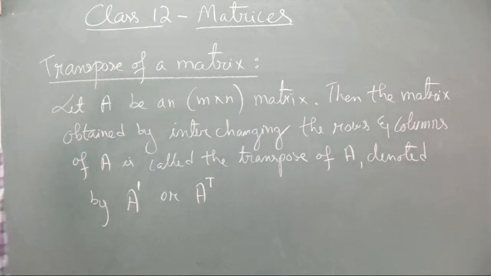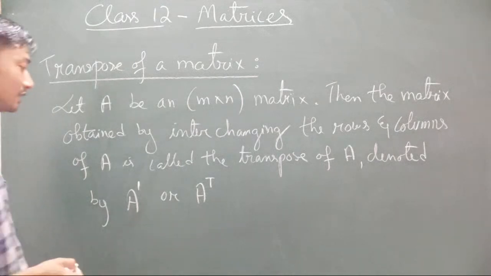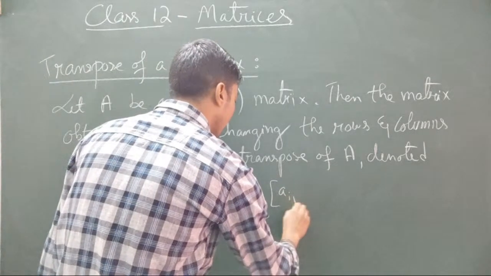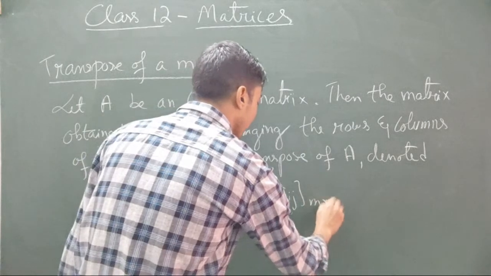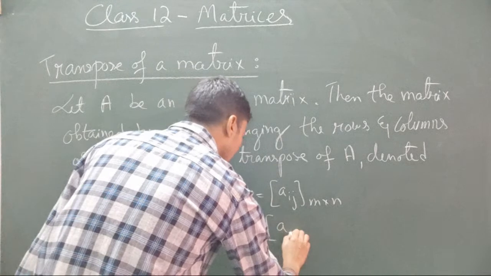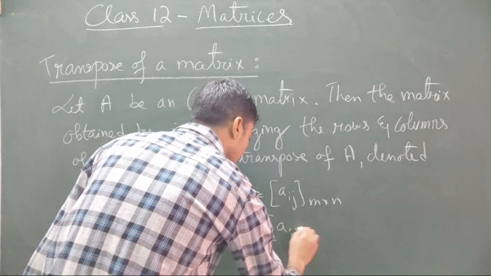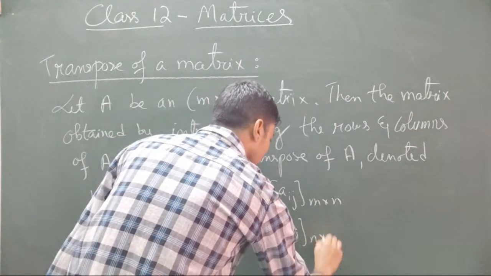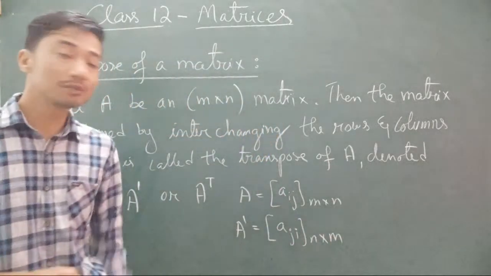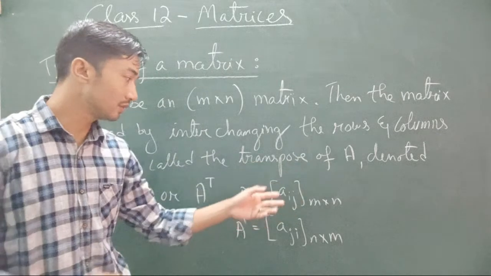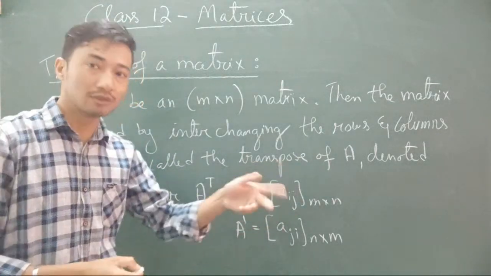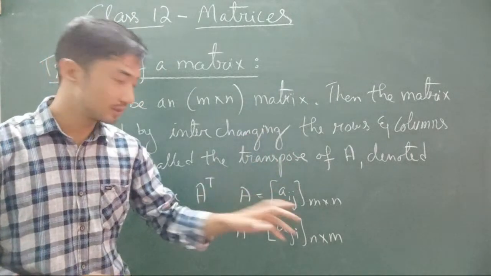So basically the concept is just this. If A is our matrix a_ij of the order m by n, then what will be A transpose? Simple, the number of rows and the number of columns will exchange. So A transpose will be a_ji, rows to columns, columns to rows, of the order n by m.